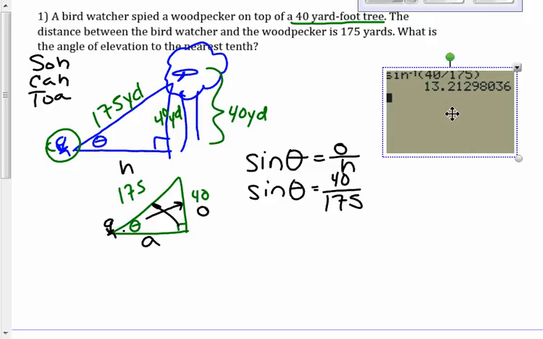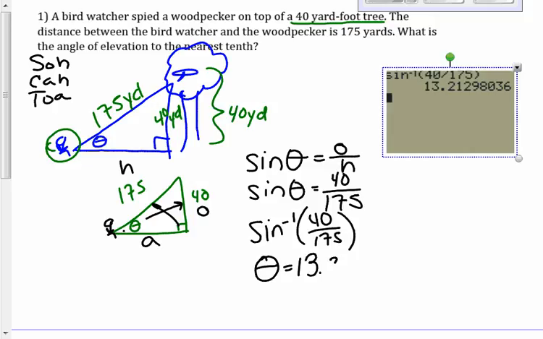So we said sine inverse here of 40 over 175. So theta came out to be 13.2 degrees. So it's kind of just applying everything we've done in trig into one problem and setting up a visual. So be careful on your setup.